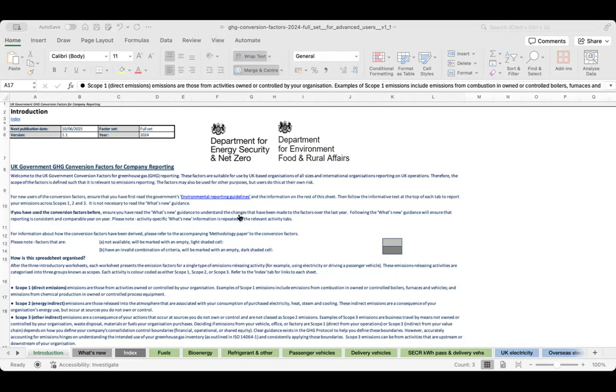Now, a first-time user, anybody who is joining our session, you guys are experts now after 12 days. DEFRA recommends reading the environmental reporting guidelines, which refers to the methodology paper section of this report. Always read that if you get time.